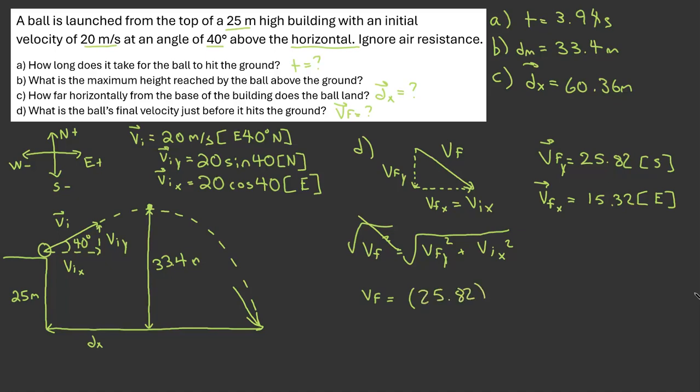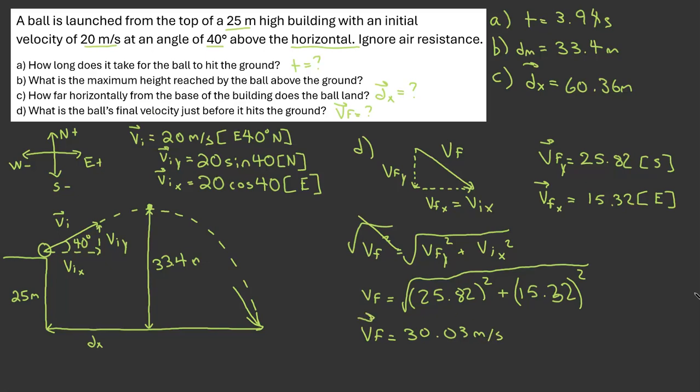Doesn't matter if we put it in as a negative or positive because the square will cancel out any negatives anyways. When I put that in my calculator, I'm going to get an overall final velocity of about 30.03 meters per second. Okay, so this is just the magnitude.